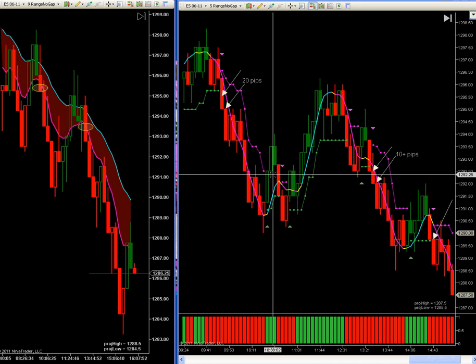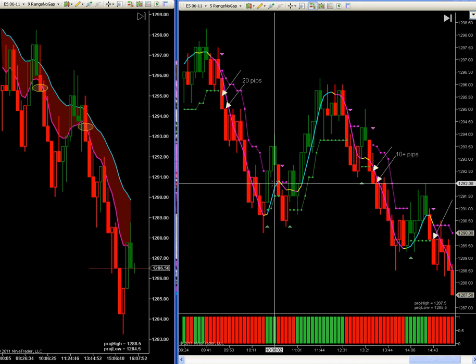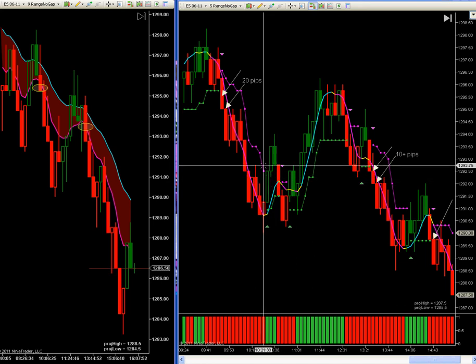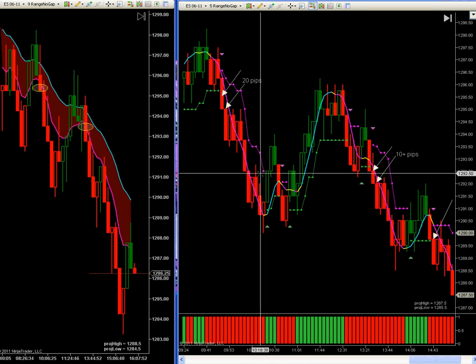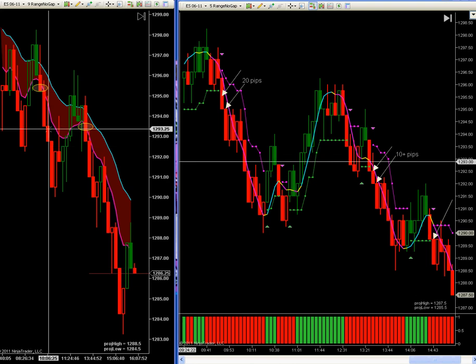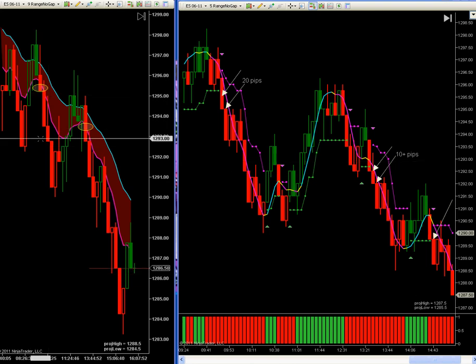If not, then you will be taken out when we have this second green candle, because your stop loss was adjusted 1 pip above this last magenta trading dot. So this is for this short.